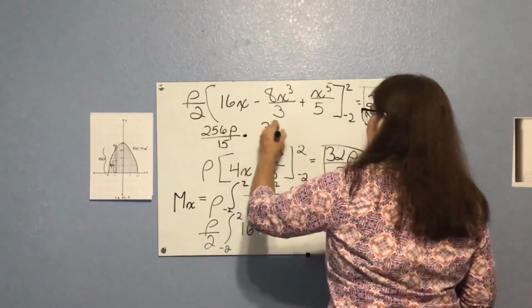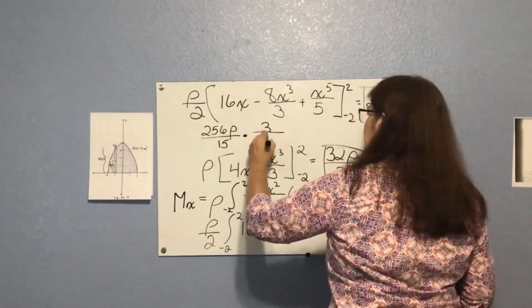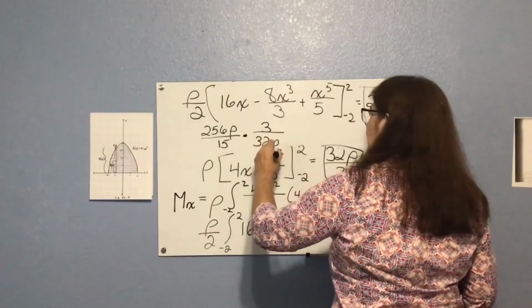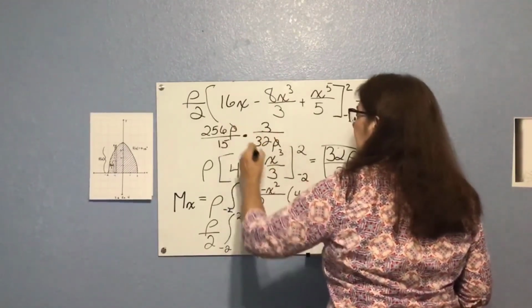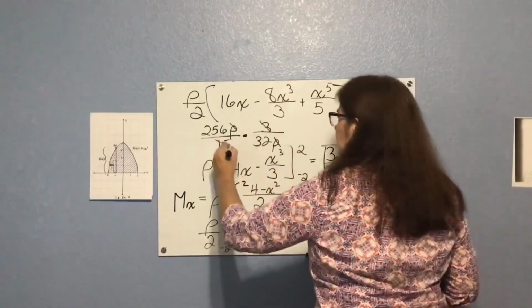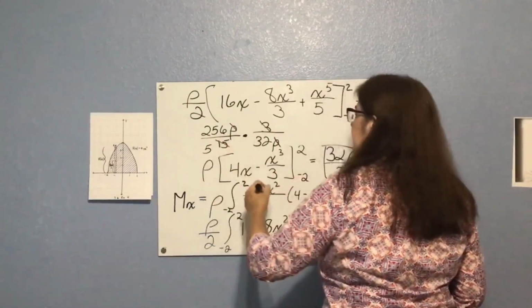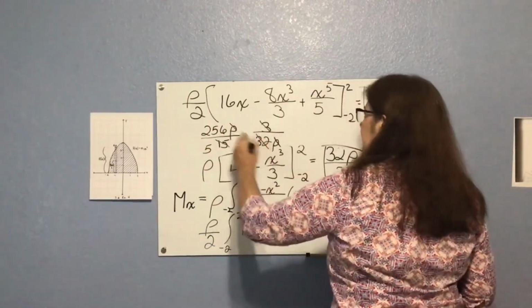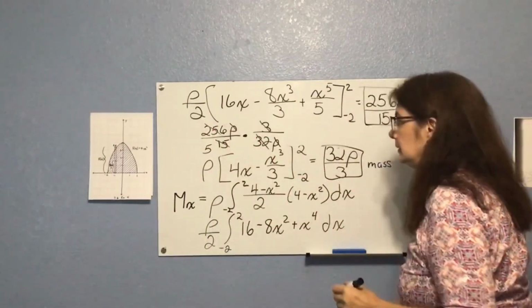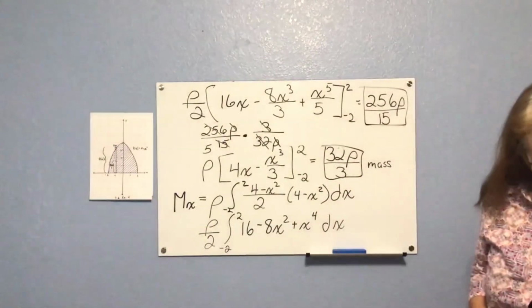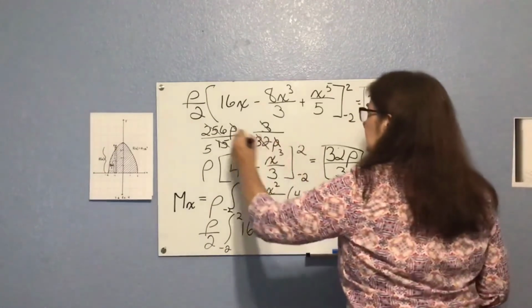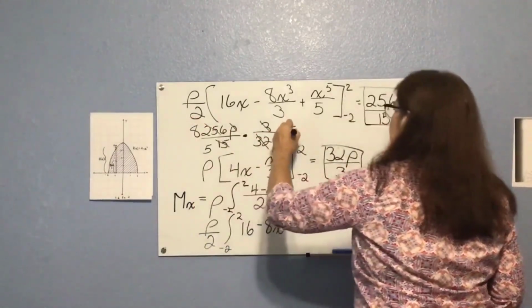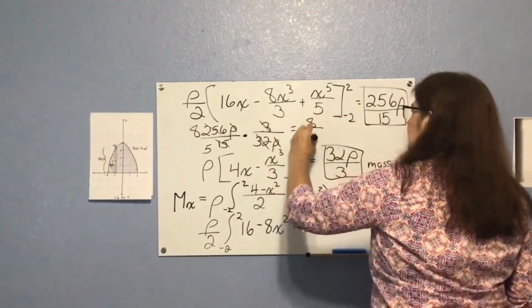So I've got 3 over 32 rho. The rhos cancel out. The 3 cancels with the 15 and leaves a 5. 256 divided by 32 gives me 8. So my answer is 8 over 5.